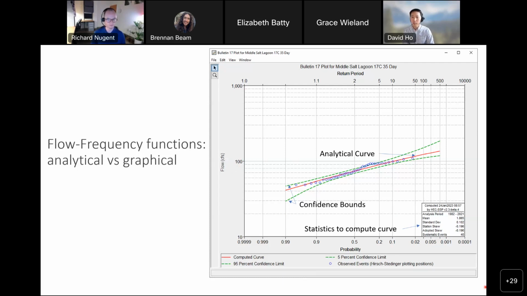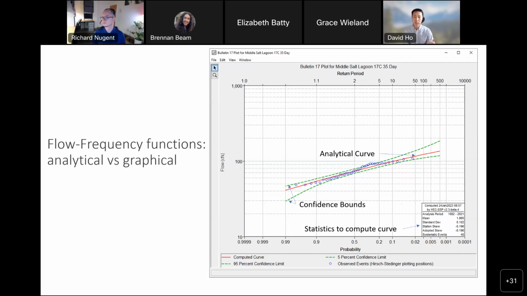This image shows some of the typical outputs that we might see from an analytical flow frequency curve. We know that it's a flow because of the y-axis, which says flow. The red line is the computed curve. The dashed green lines are the confidence limits that reflect the uncertainty around the red curve. And then we have this box at the bottom right. These are the statistics, or the moments, that were used to compute the analytical curve.